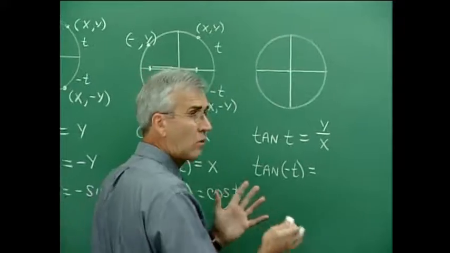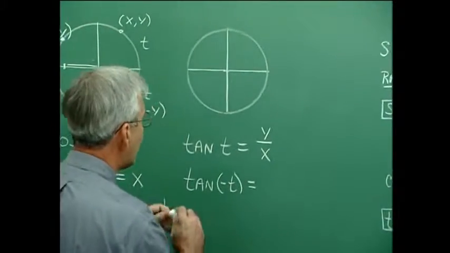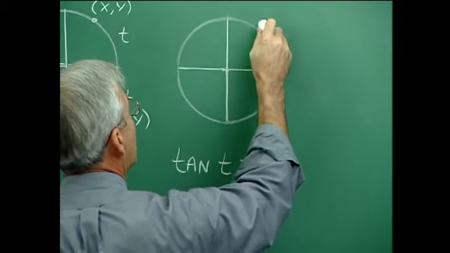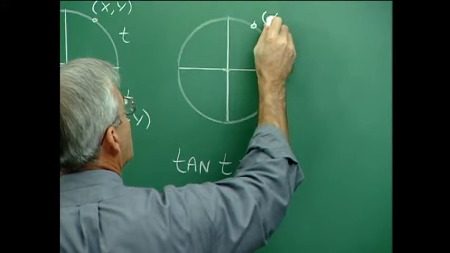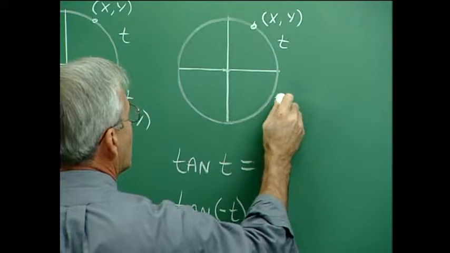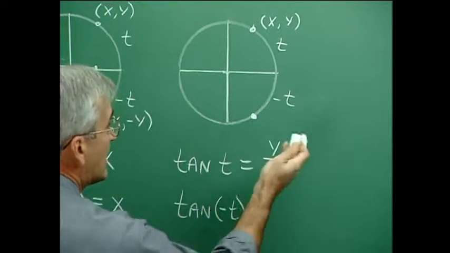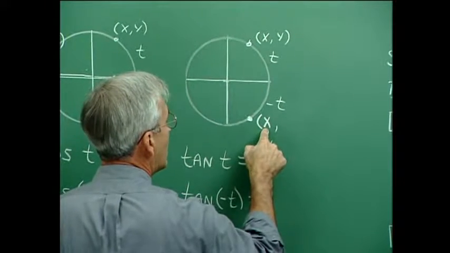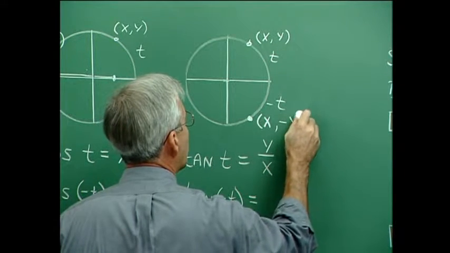Now what about for tangent? Well, maybe this isn't quite as easy to evaluate as sine and cosine, but let's take a shot at it. The tangent of t is y over x, and once again we have a t distance here, associated with an xy pair. In the other direction it's the negative t, and again it's an xy pair. But this time it's the same horizontal component, while the vertical component is the negative of that y upstairs.